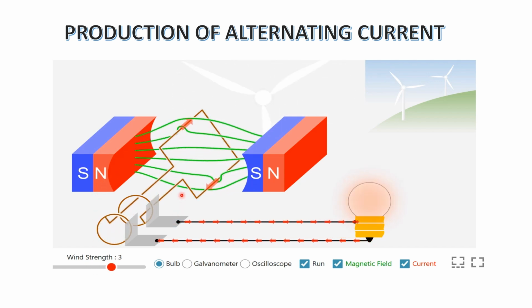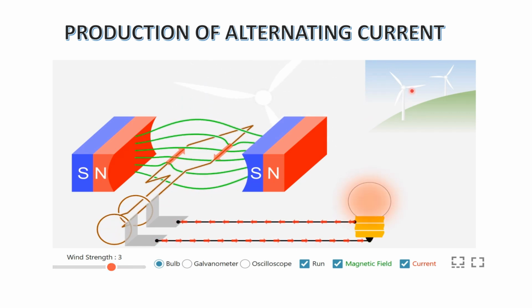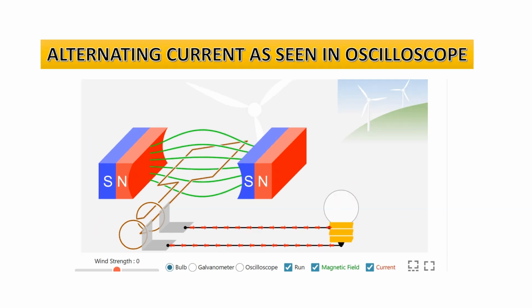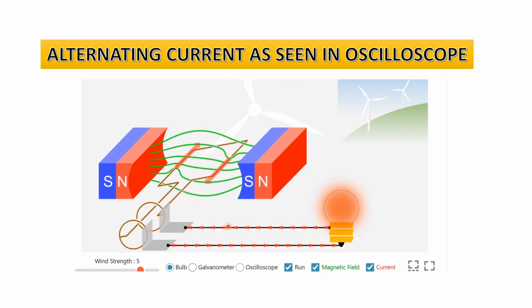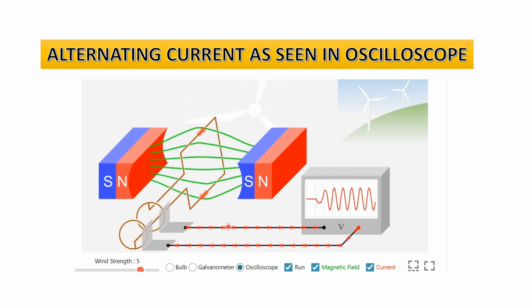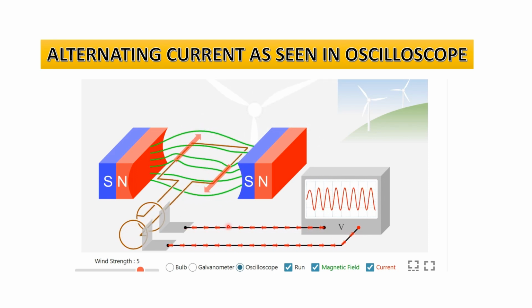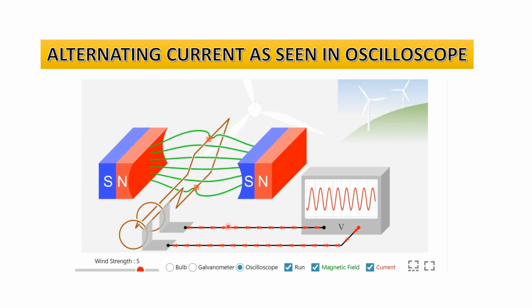This coil is rotating due to the motion of the wind. In a thermal power generator, it is the thermal generation or heat that produces this sort of behavior, and in a windmill, the moving air produces the rotation in the coil. And you see, as the wind strength is increasing, the intensity of the bulb is increasing.